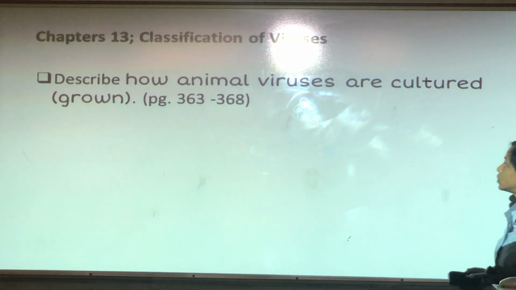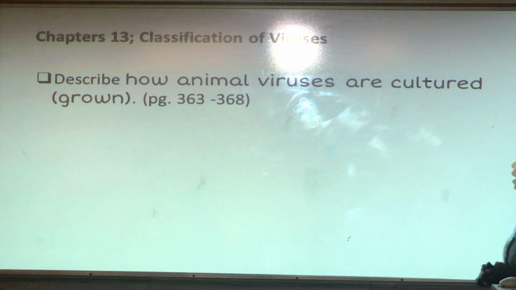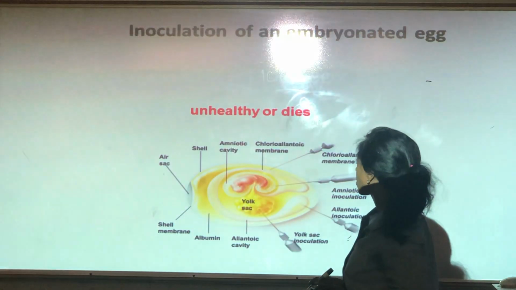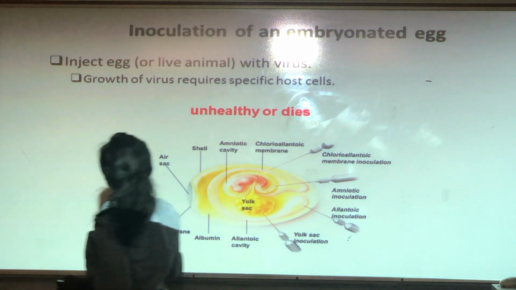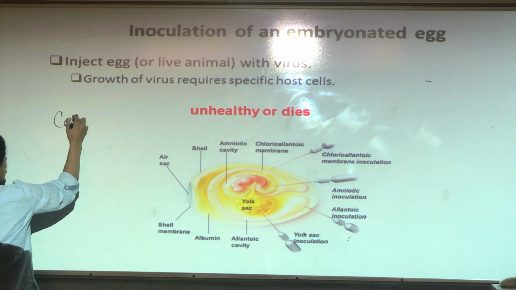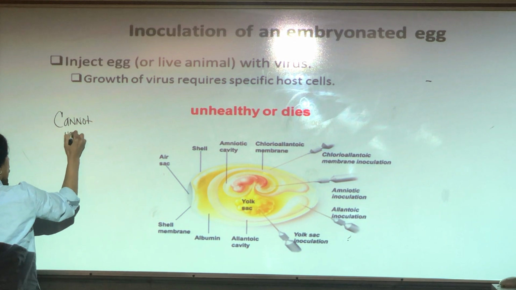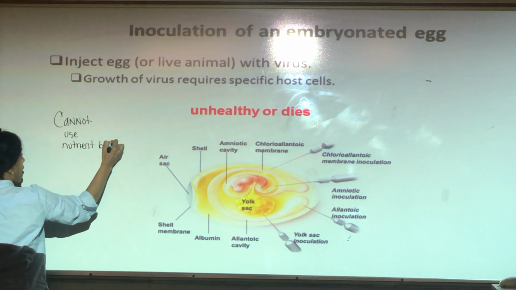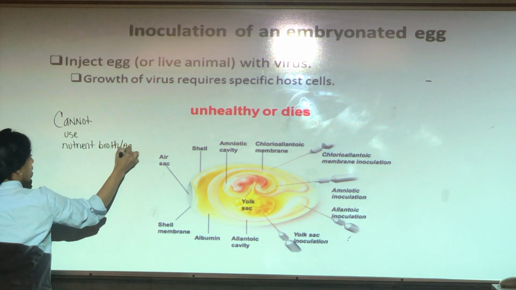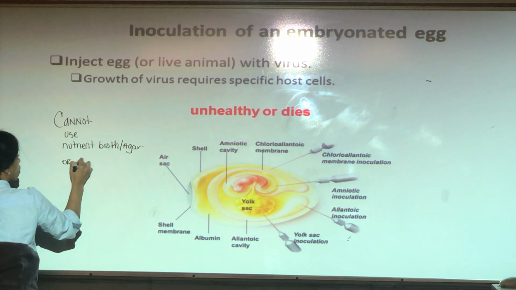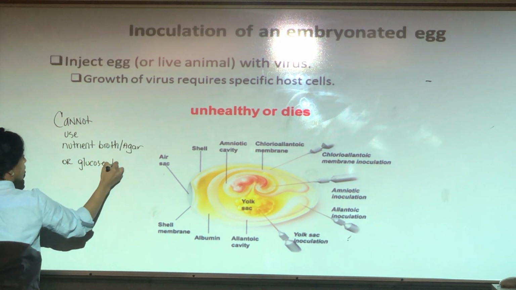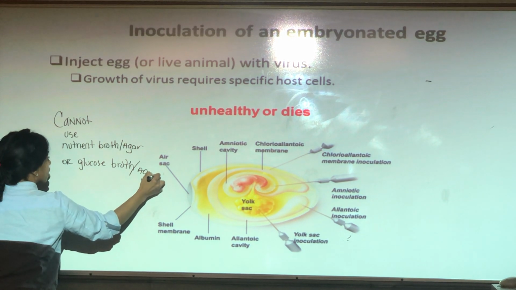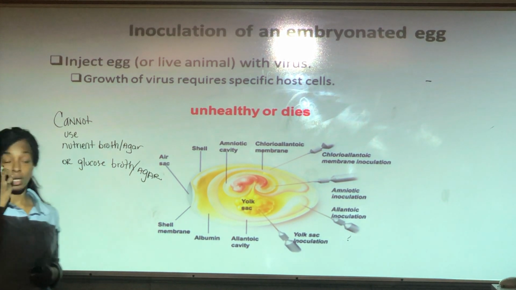Okay. So now we're going to talk about how animal viruses are grown. How do we grow them in the laboratory? For one, we cannot use nutrient agar, broth or agar, or glucose broth or agar, which we discussed in growing bacterial cells.